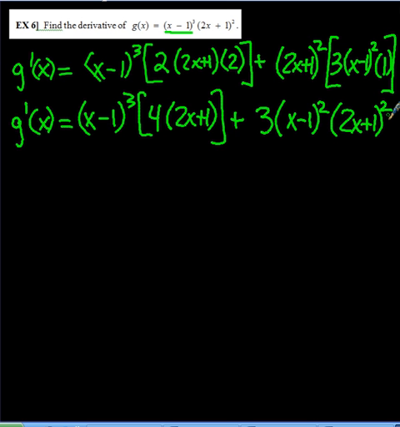Now I'm going to factor out a common term from each of my two pieces. Some people may do this in one step. I'm going to break it apart into two steps.